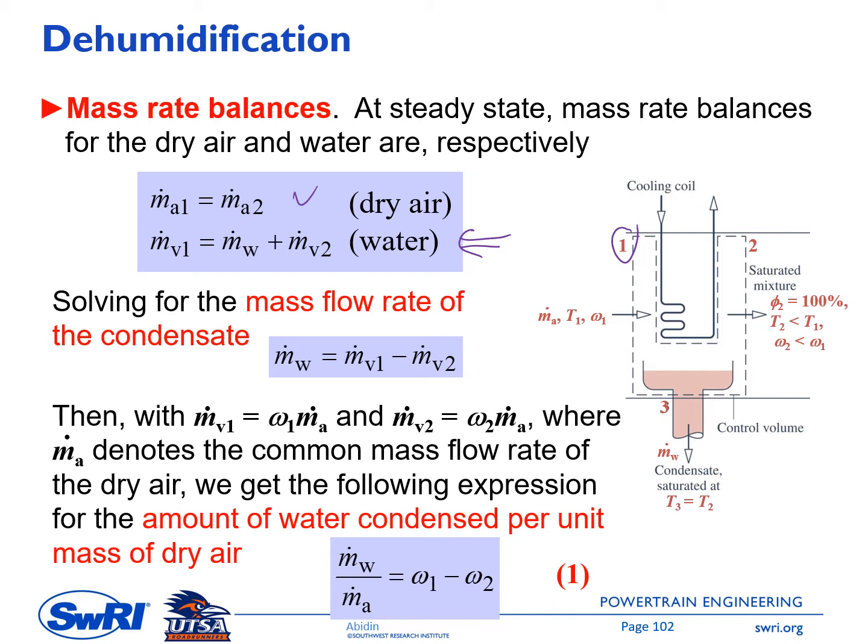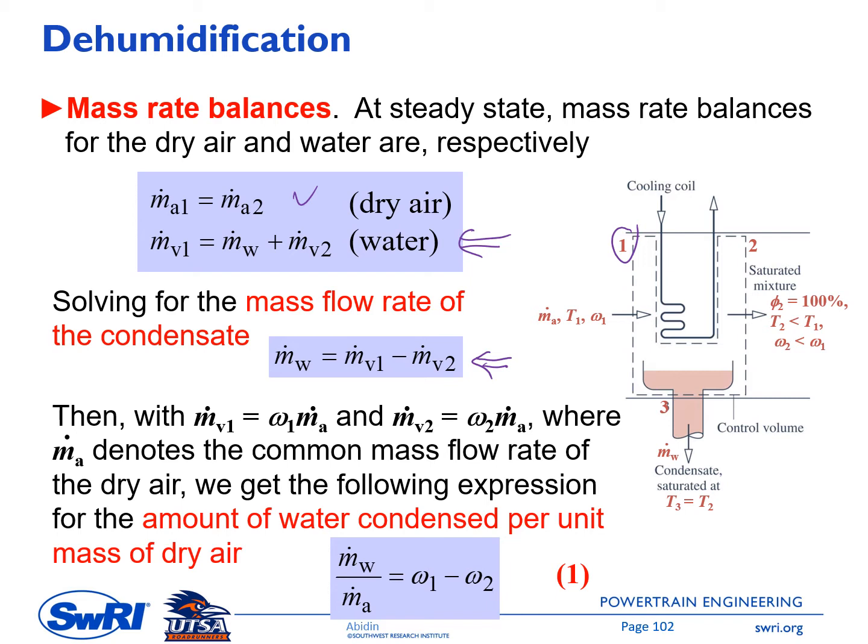Solving for the mass flow rate of the condensate, we get m dot W equals m dot V1 minus m dot V2, with m dot V1 equal to omega 1 times m dot A, as well as m dot V2 equals omega 2 times m dot A. So m dot A here is the dry air mass flow rate.